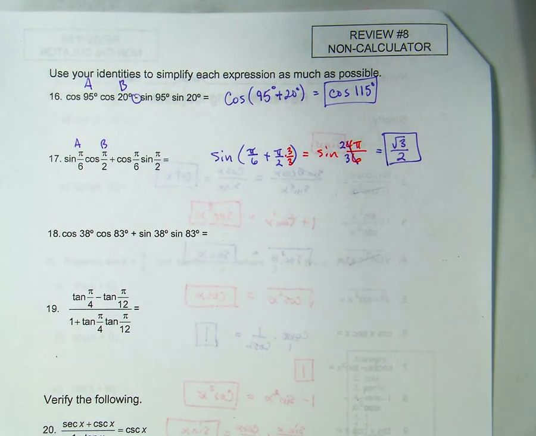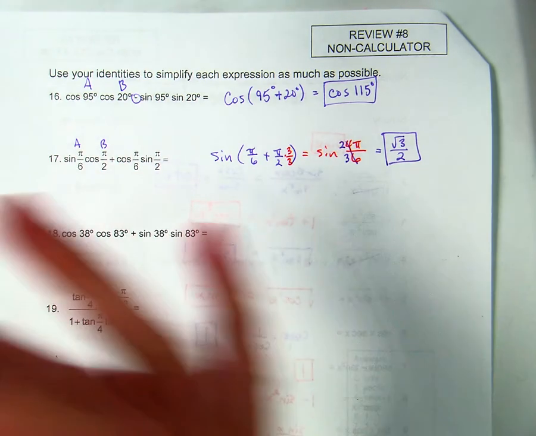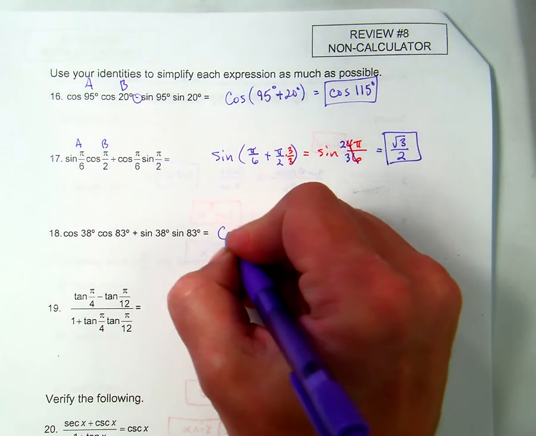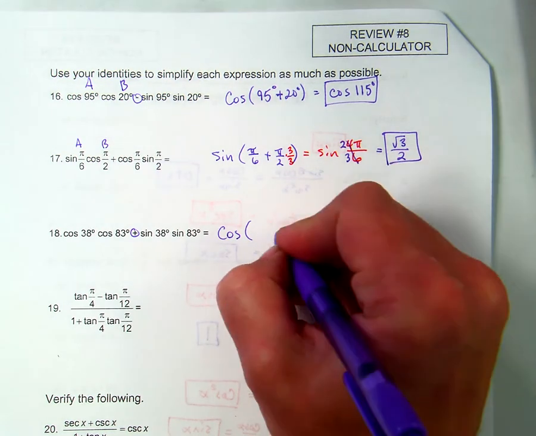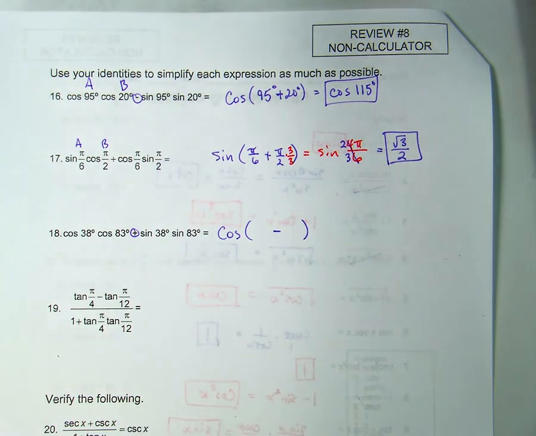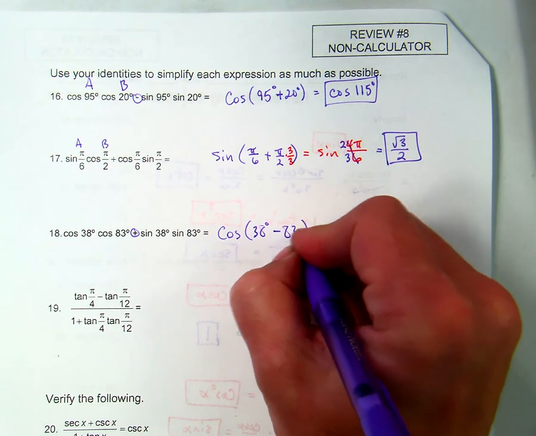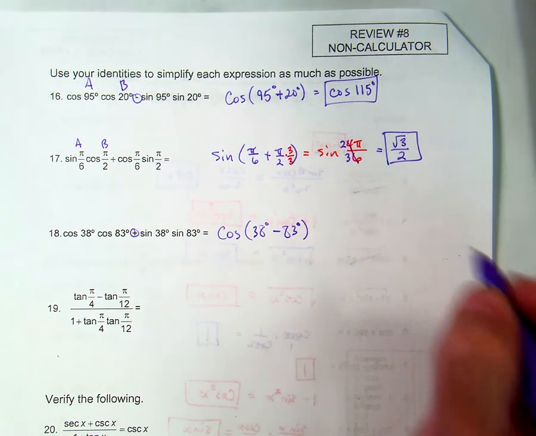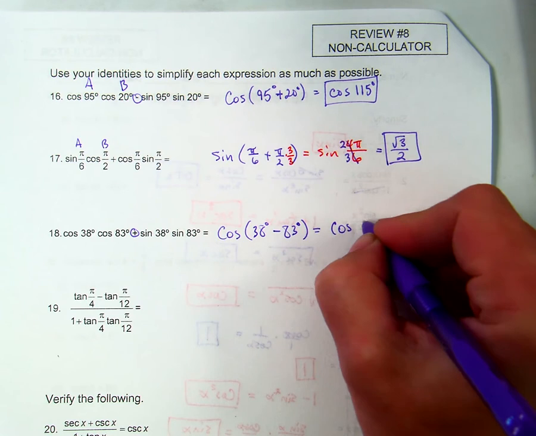Number 18. This is a cosine one again. We have coses together, sines together, so we know it's a cosine. So we're going to have cosine, and then it's plus, so we know this is going to be a minus. Okay. This is 38 degrees, and this is 83 degrees. And when we look at that and subtract it, we're going to have cosine of negative 45 degrees.